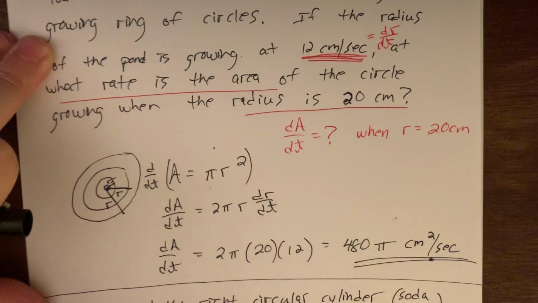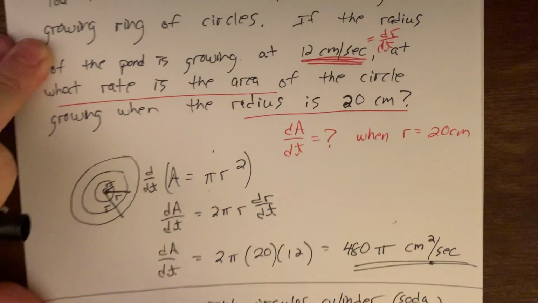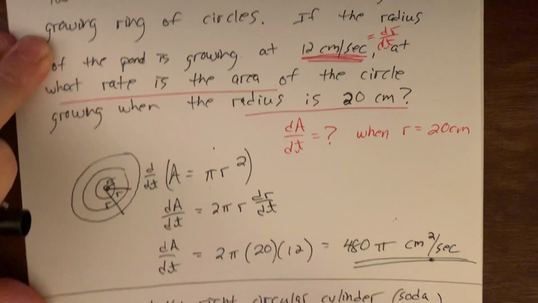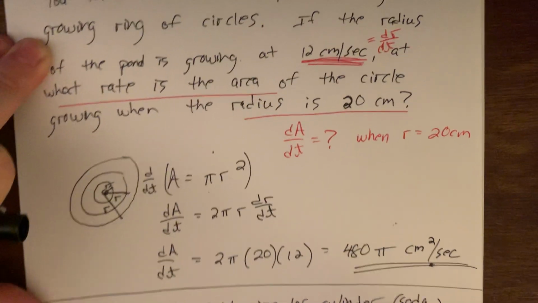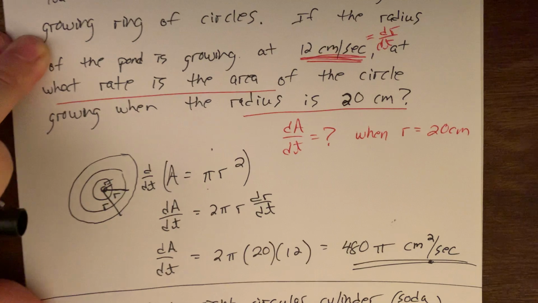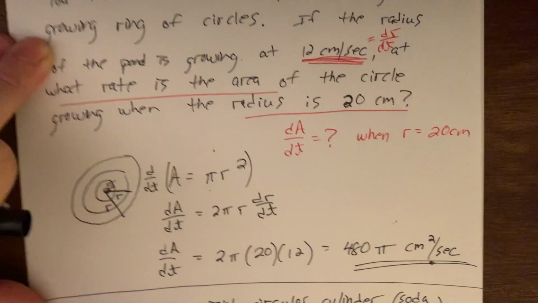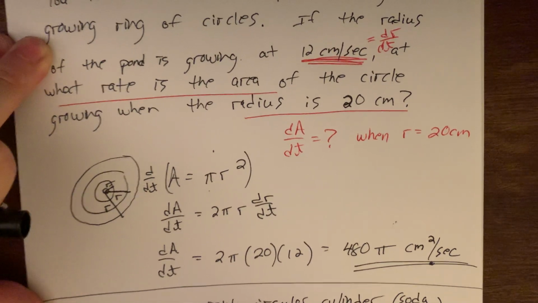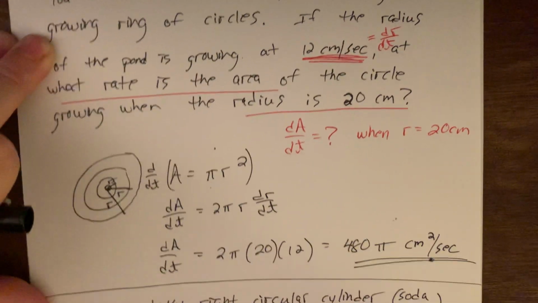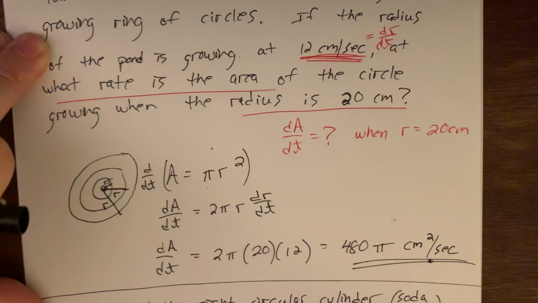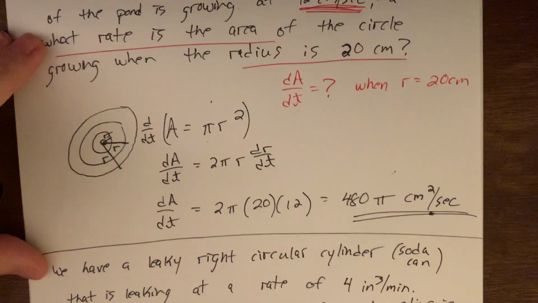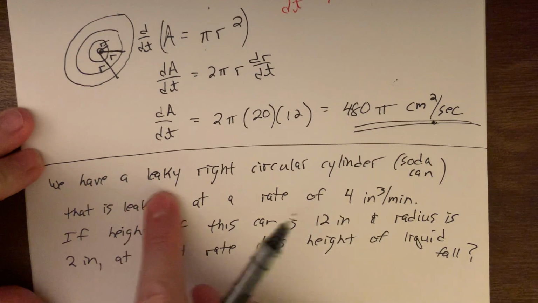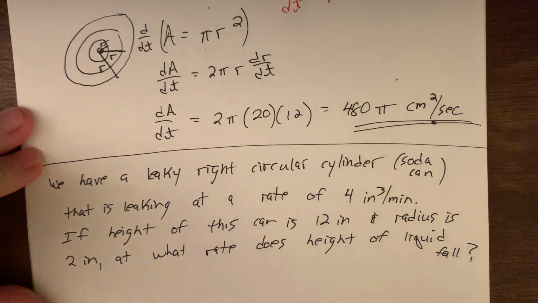If the height of this can is 12 inches and the radius is 2 inches, at what rate does the height of the liquid fall or drop? So again, a leaky right circular cylinder, aka a soda can.